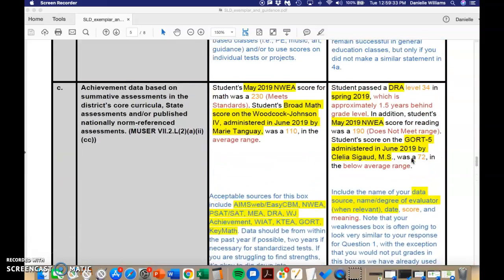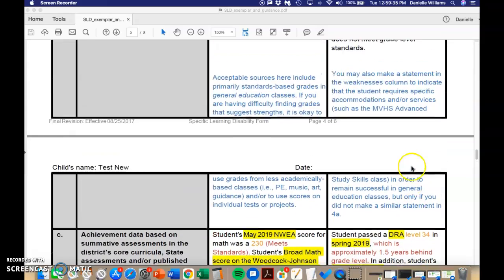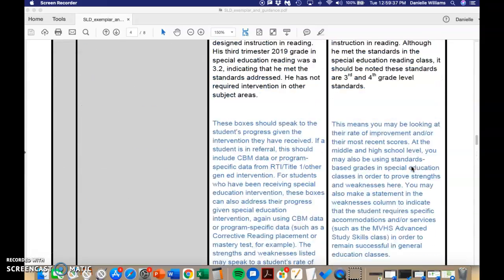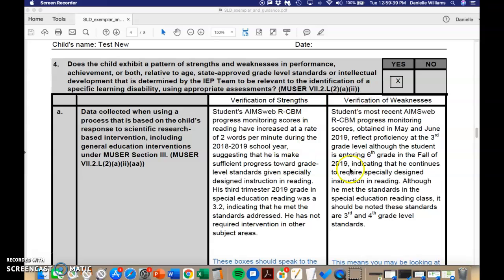If for some reason you make it to box 4 and there is no pattern of strengths and weaknesses, you will still indicate some kind of a verification to indicate that they don't have a strength or they don't have a weakness. It's going to be pretty rare that you can't pull out strengths. If you've made it this far on the form, it's more likely that we're unable to find weaknesses, because if they don't have strengths in a lot of these areas, often they're going to be captured under intellectual disability instead of SLD.